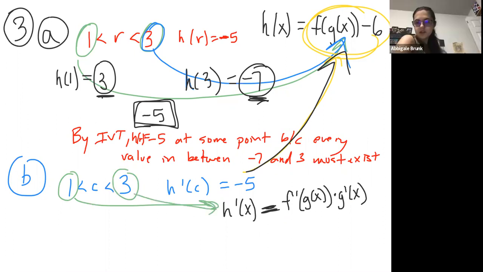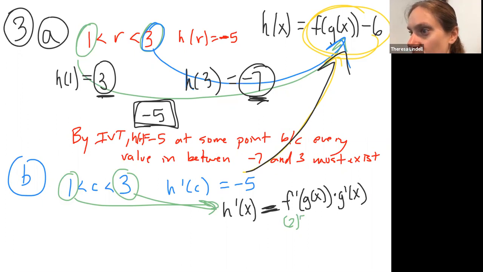So g of 1 is 2. f prime of 2 is 2. So 2 times g prime of 1, which is 5. So that's 10? Yep.